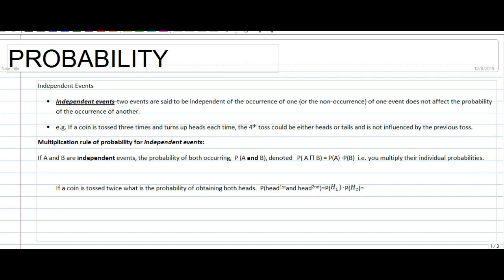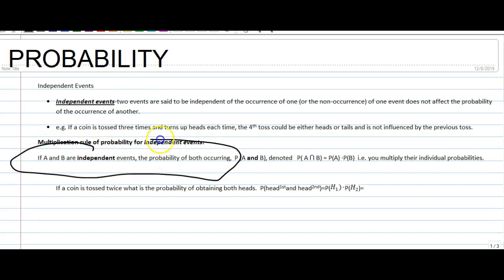independent. Now, when we're trying to determine the probability that two independent events both occur, we're trying to determine the probability that A and B occurs. And the connective here is very important.